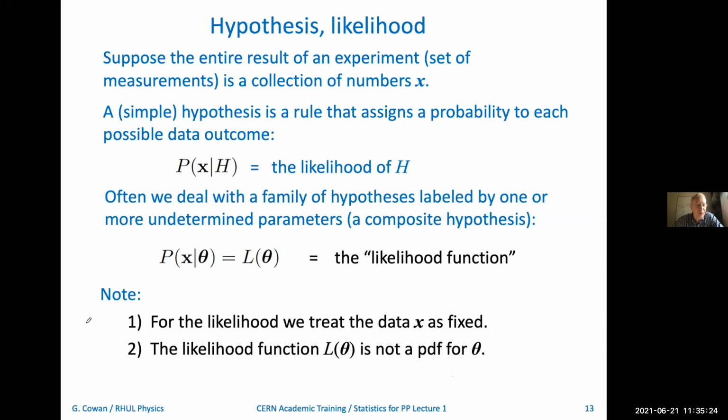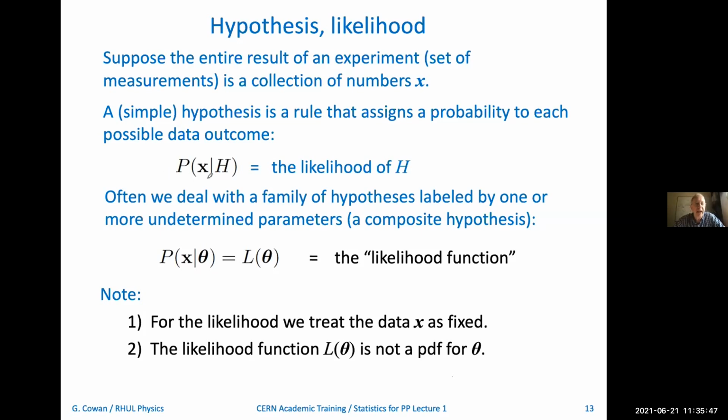This is really more or less what I said on the previous slide, but let me just go through this. Let's suppose that the result of an experiment is some collection of numbers that I will denote by a vector x. And what I mean by a hypothesis, or a simple hypothesis, is a rule that assigns a probability to every data outcome.